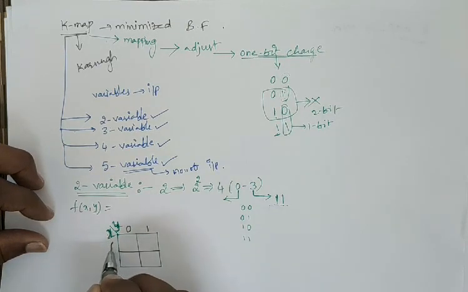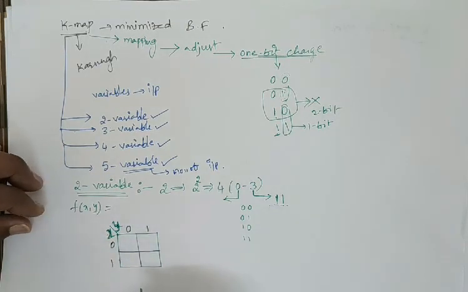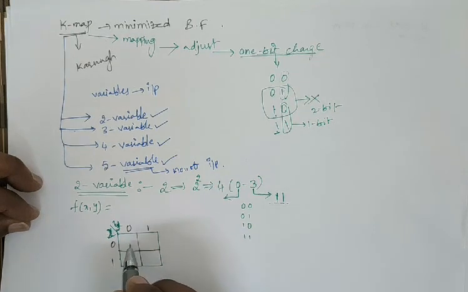The first box we represent by row and column: this box indicates 0 0. The next box is 0 1, the row is 0, column is 1. Next box, the row is 1, column is 0. This box indicates row 1, column 1. So according to these binary numbers, this is the 0th position, this is the 1 position, this is the 2 position, and this is the 3 position.